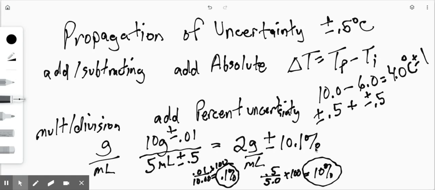Now let me ask you a question. Where is the most error being introduced into our study here, into our objective of our exploration of determining density? Right. It's very clear that we're limited by our volume measurement. Mass measurement, that's pretty good, only 0.1%.